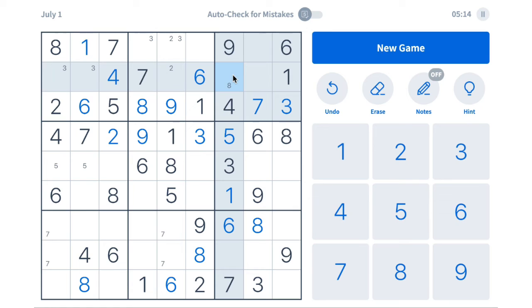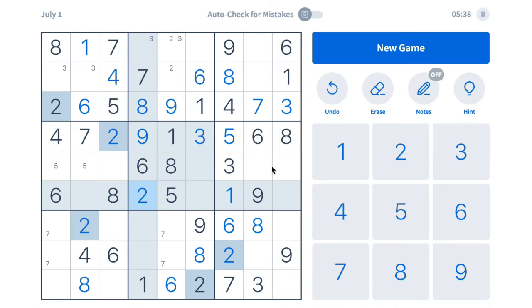We need an 8 and a 2 somewhere here. But the 8 can't be placed in these two because of that 8, so this must be the 8. And this must be the 2. Which makes this the 2.